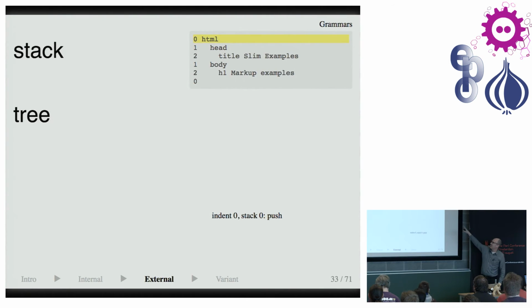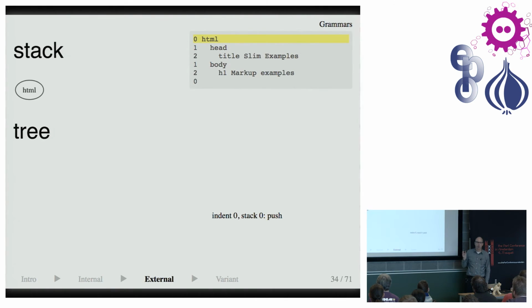The Slim text is HTML, head, title, body, and on the left, we've got a stack that we're going to push and pop from, and a tree that we're going to connect to when we hit indentation and text on the right. Okay, so let's go. First line is HTML. Indentation is at level 0, and there's nothing on the stack, so we push an HTML tag onto our stack.